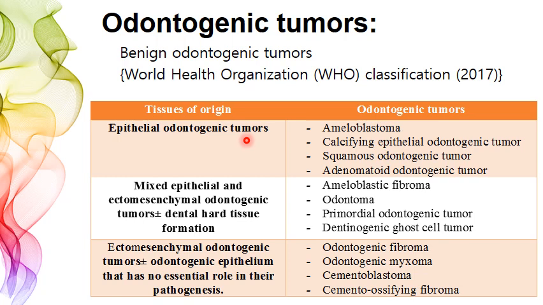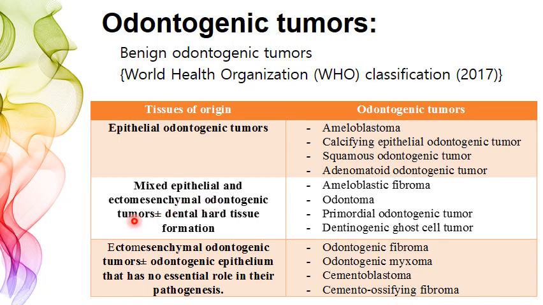The first subcategory is epithelial odontogenic tumors. They are tumors derived from the odontogenic epithelium. Like what? Like ameloblastoma, calcifying epithelial odontogenic tumor, squamous odontogenic tumor, adenomatoid odontogenic tumor.